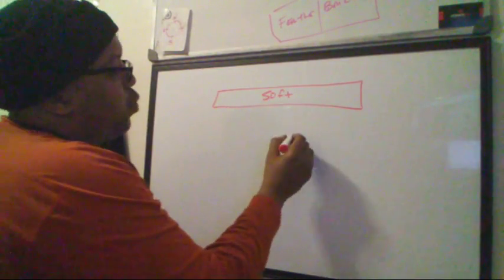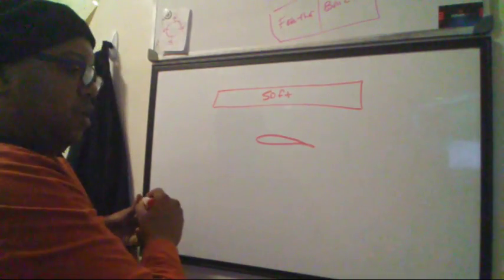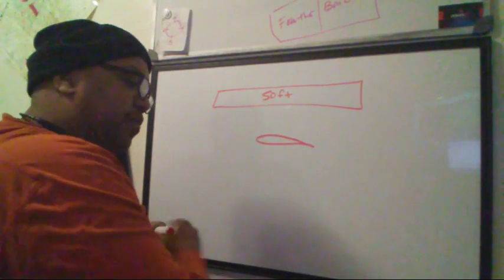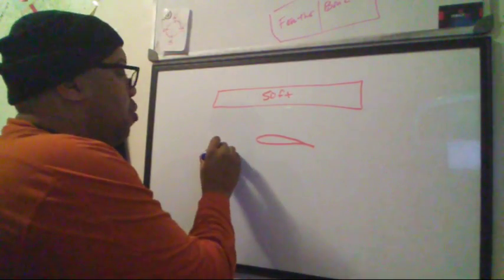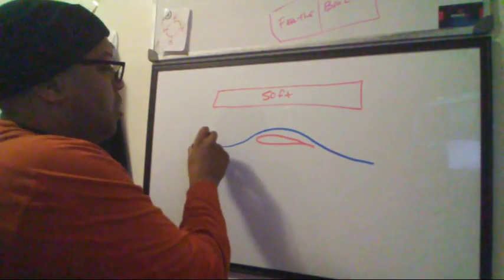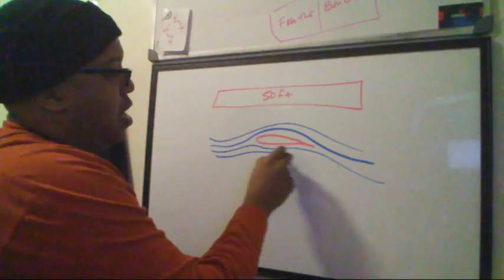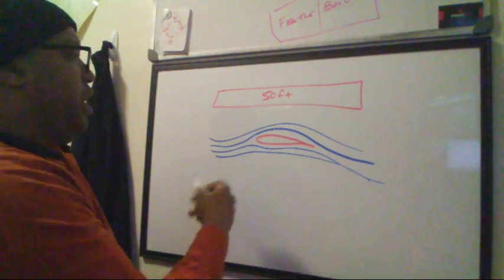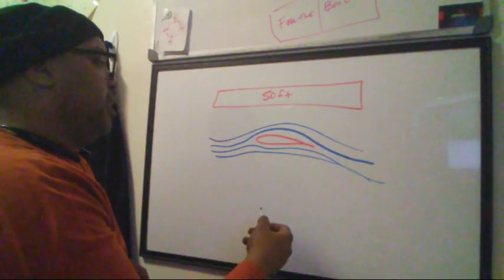Now, if we look at this wing from a side view, it's going to look like that. And you're going to have the air molecules. You're going to have a normal upwash and downwash around the airfoil. The airfoil is just a wing or a device that's used to produce lift.